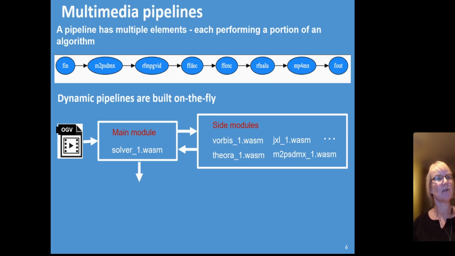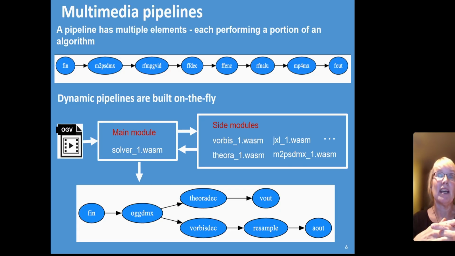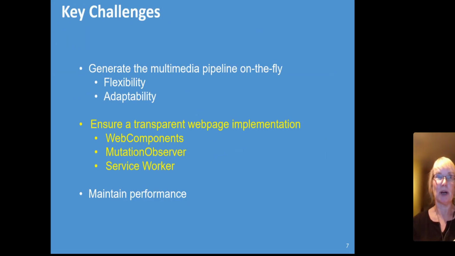And Solver 1.1 Generation 1 will take the video and a whole set of side modules, and using a little bit of optimization, resolve the pipeline with these given side modules. And notice that the side modules can consist of things related to this certain type of video, Vorbis Theora, as well as a host of other side modules. So I've included in there a JPEG XL side module, and it could be a wide range of side modules handling a vast set of different types of video. So the main module dynamically links the side modules in the pipeline and then efficiently executes the pipeline.